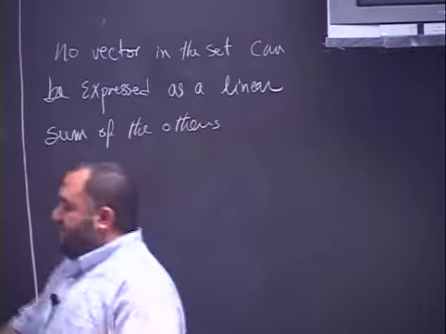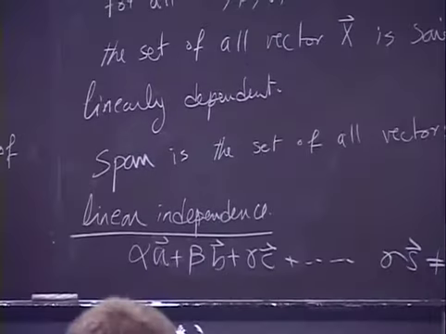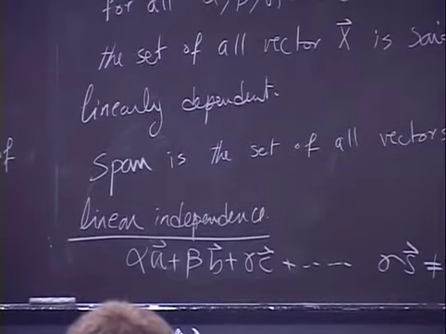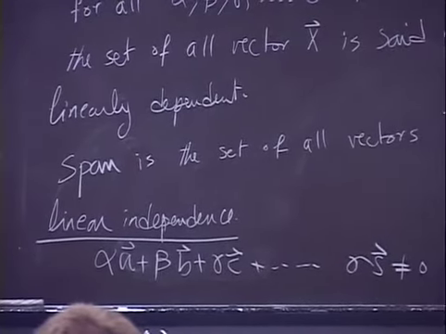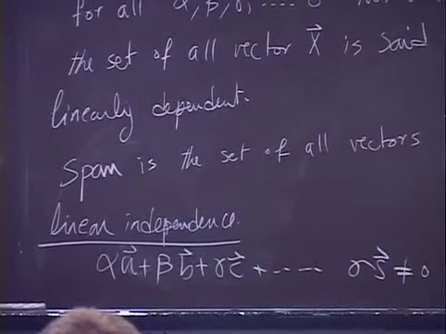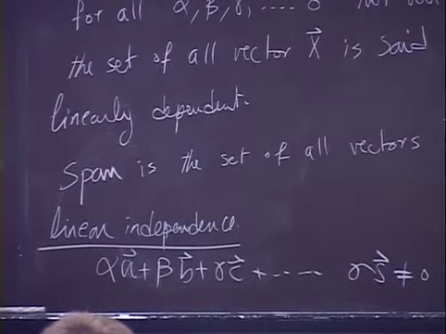With this definition, I cannot grab one of those vectors, move all the rest to the right-hand side, and say this vector is a linear combination of the rest of the vectors. If this condition holds, no vector in the vector space is formed from the rest of the vectors. Do you have any questions? I know it's a little bit abstract, but you have to imagine it in your mind.